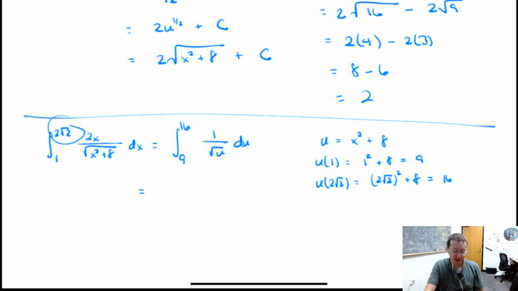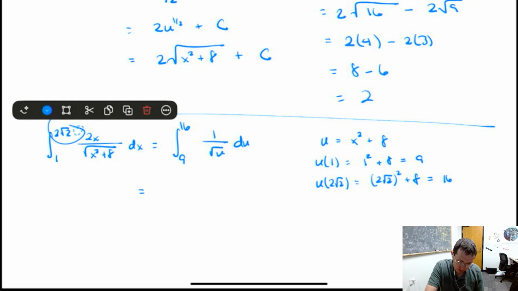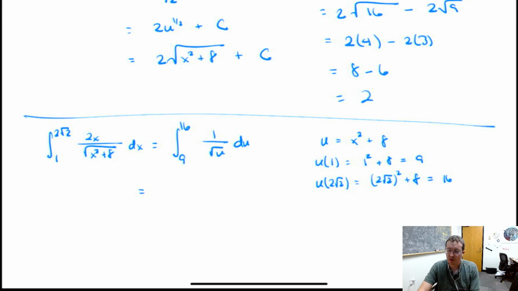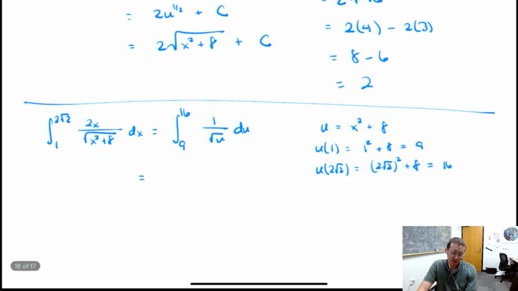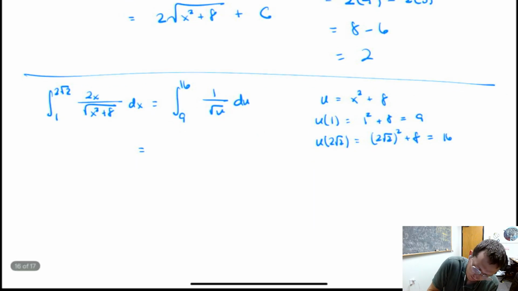So I've rewritten this as the integral from 9 to 16 of 1 over root u du. And the nice thing about this is that I have fully converted to u, so I never have to go back to x. So I just find my antiderivative, which, once again, I'm going to rewrite as u to the minus 1/2.